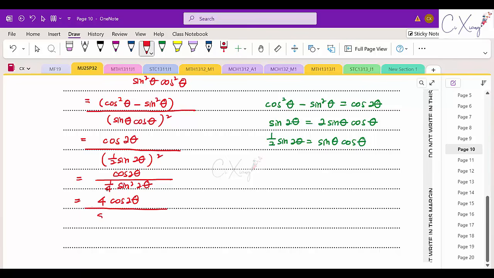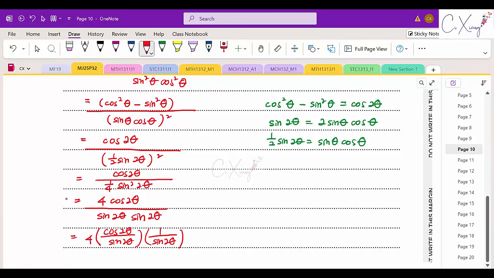For the bottom, I'm having sine 2 theta and sine theta, sine 2 theta square, right? So I can separate it, become sine 2 theta and sine 2 theta. Then I rephrase it a little bit. You can see that I'm having 4 multiply with cos 2 theta over sine 2 theta, then over 1 minus sine 2 theta.